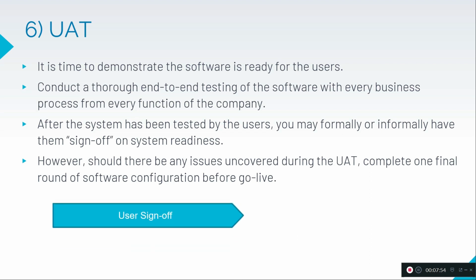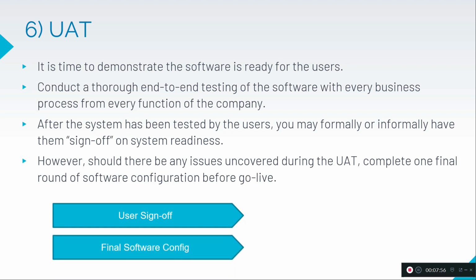So we need to get the user sign off and the final software configuration. Here we will have the ETL, extract, transform and load jobs. We will take the data from the existing system and make the UAT database ready.